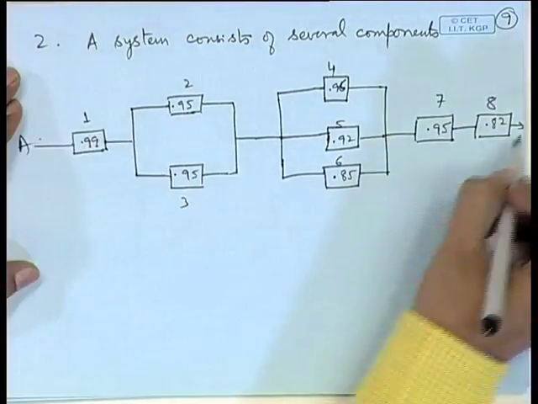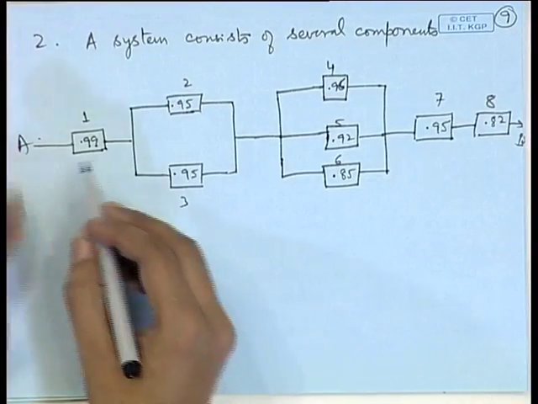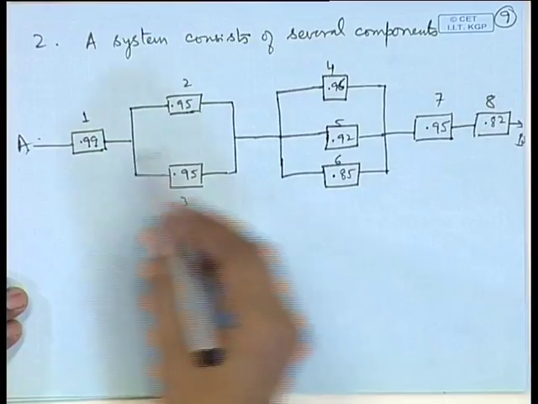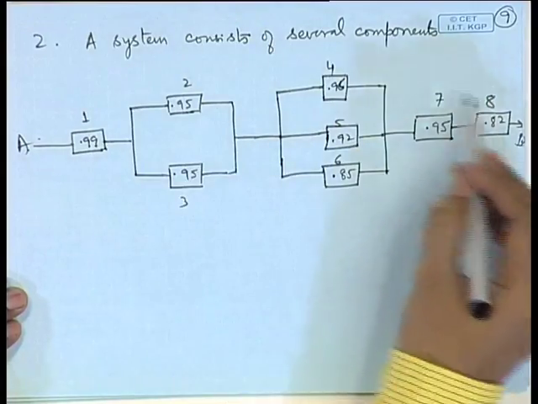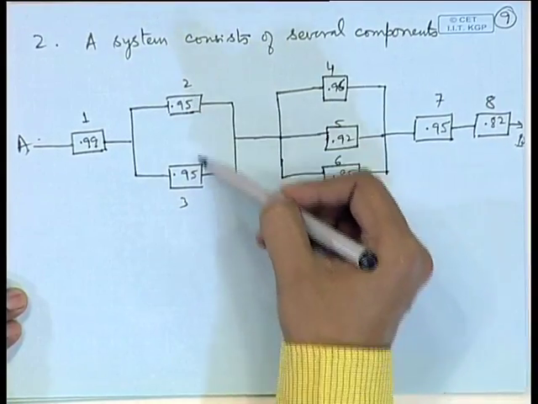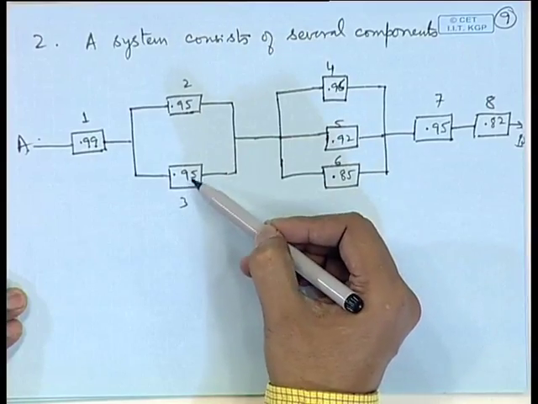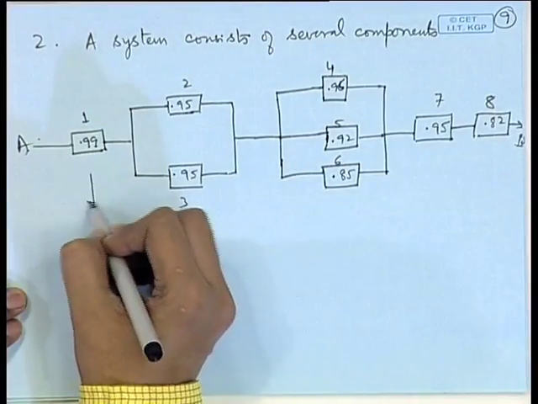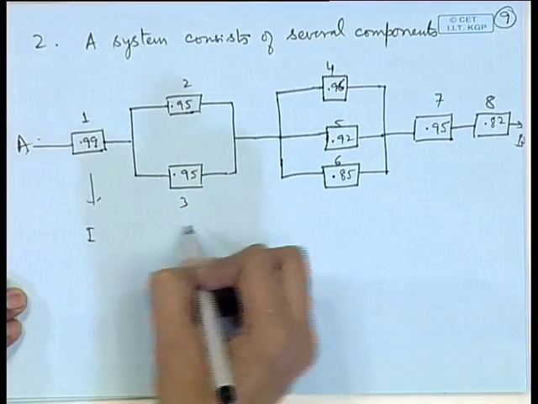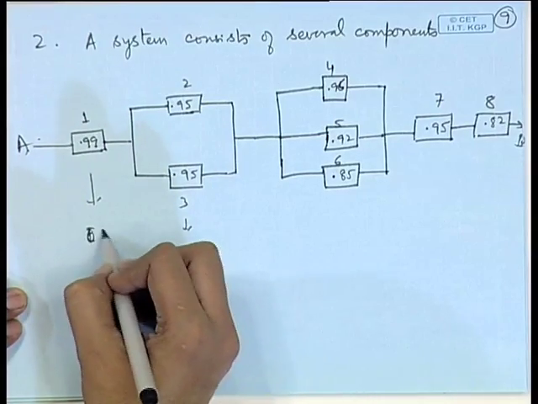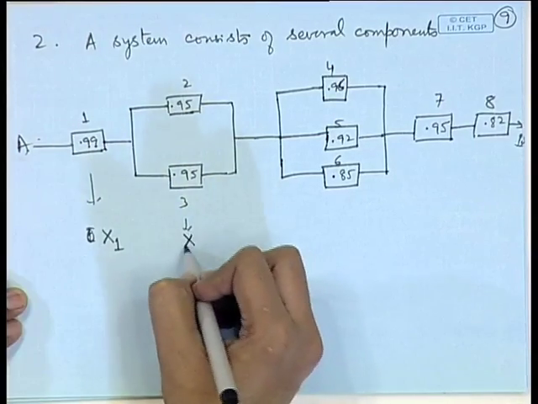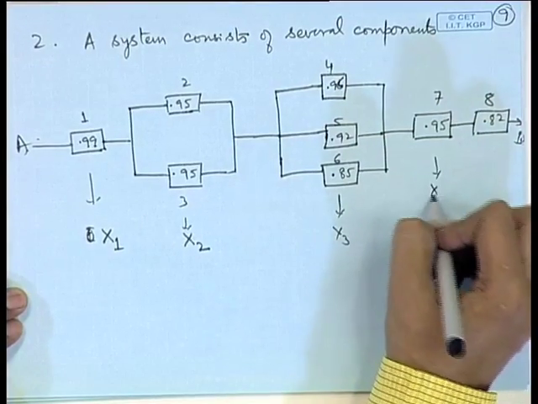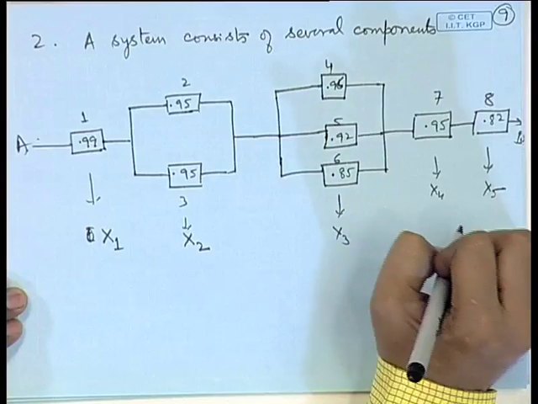Suppose this is A, this is B. So, the entire assembly consists of 8 components, out of which some of them are connected in parallel and some of them are connected in series. Let us name these systems as, say, 1, let me call it system life as X1, this system life as X2, this system life as X3, this as X4, this as X5.